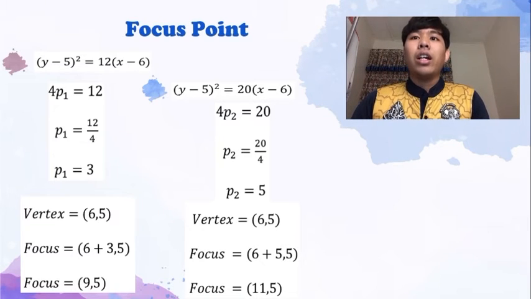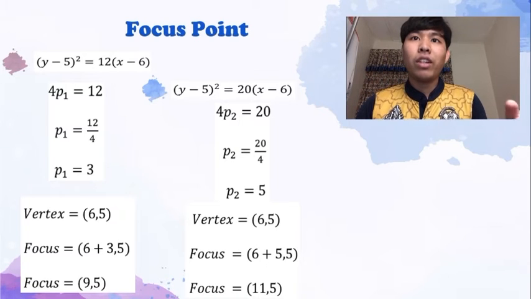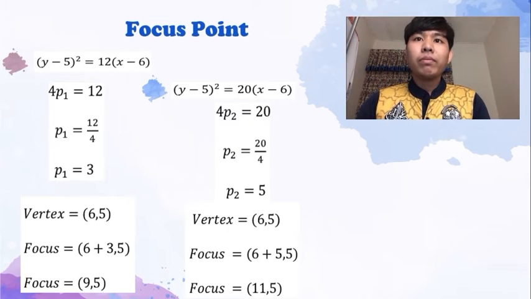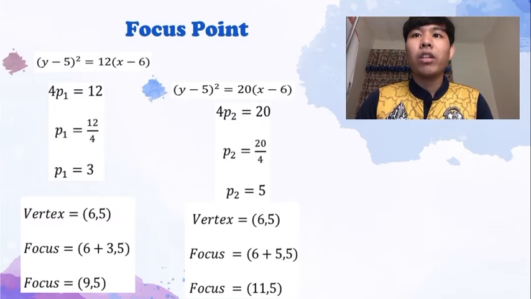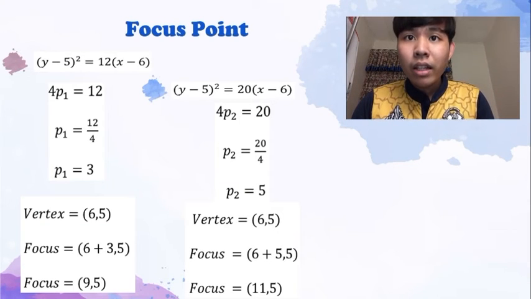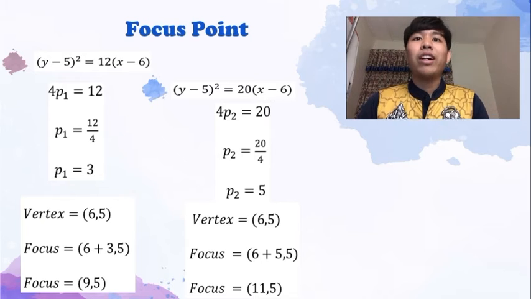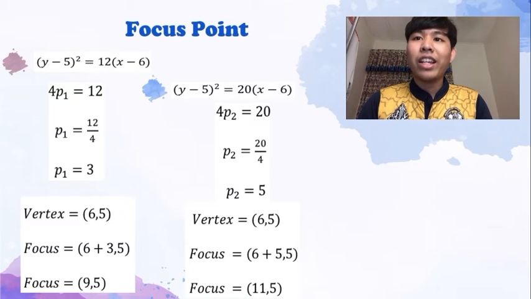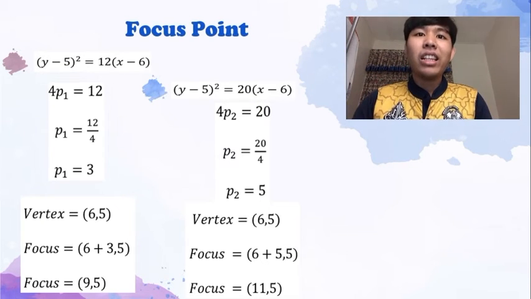So after we move along the parabola with the right number, we get the first vertex (6, 5). The second vertex we get (6, 5). The first focus we get (9, 5), and the second focus we get (11, 5).